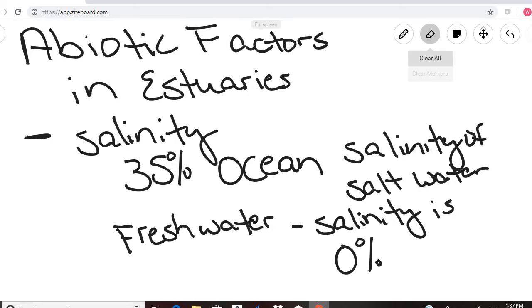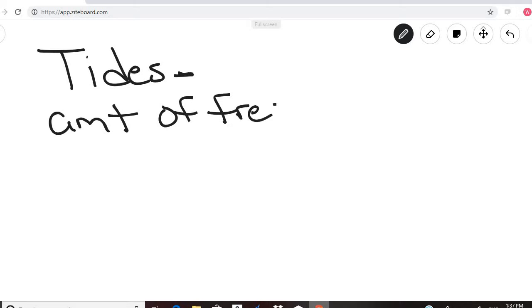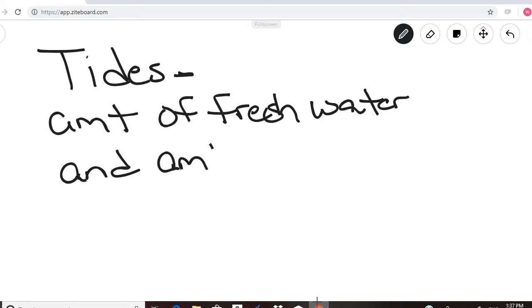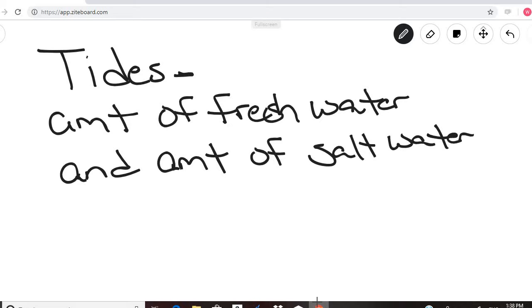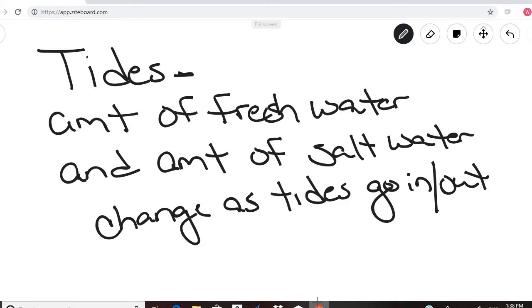Well, what happens when you have tides coming in? As the tides go between low tide and high tide, the amount of fresh water and salt water is constantly changing in these areas in an estuary. So you're going to have less salt water toward the shore.